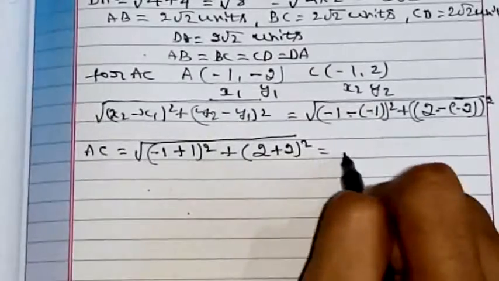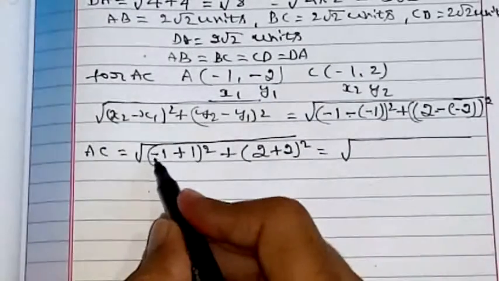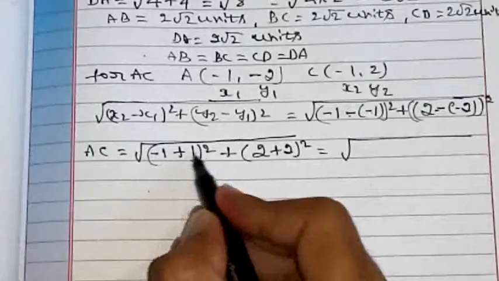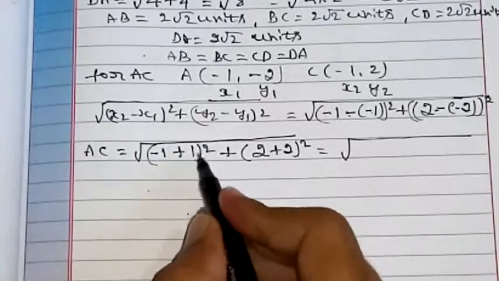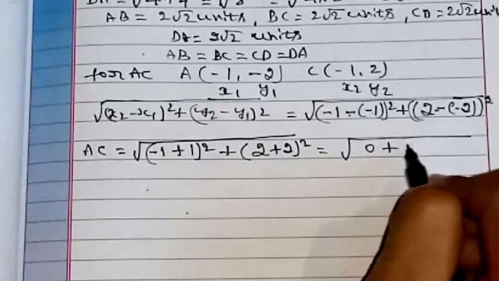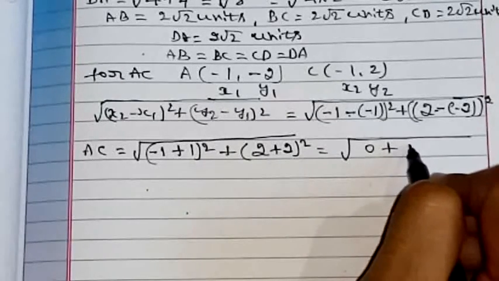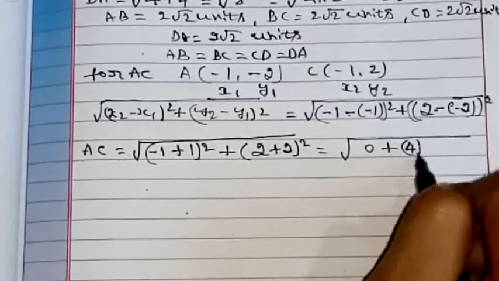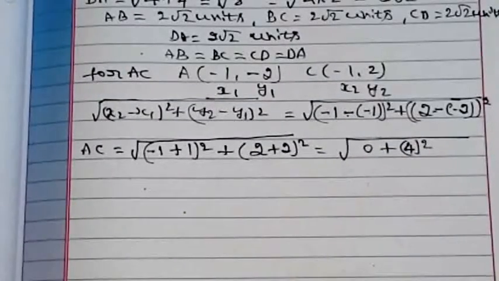So that's equal to square root of, minus 1 plus 1 gets cancelled, that is 0, plus 2 plus 2 is 4 whole square, right children?